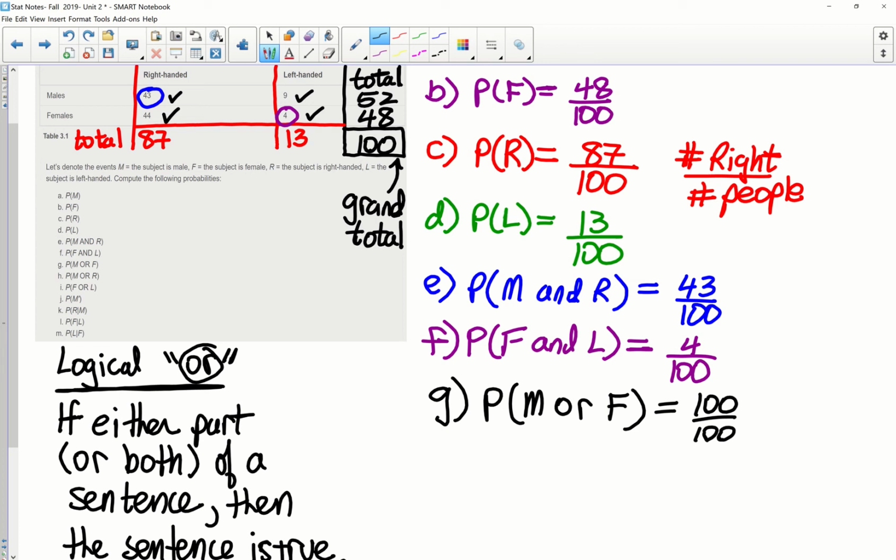So then the next one would be, raise your hand if you're either a male or right-handed. All right, so visualize the room. Probability of male or right-handed. Okay, so again, you have the whole room organized.